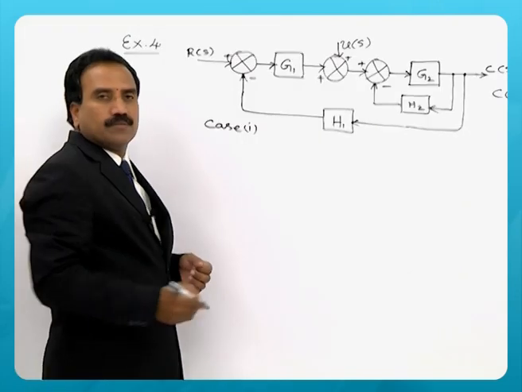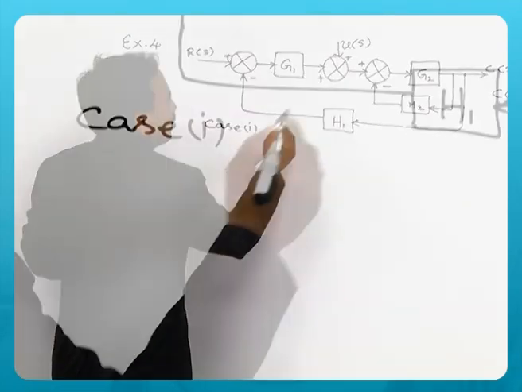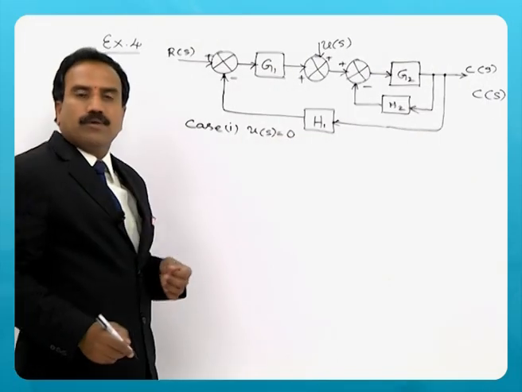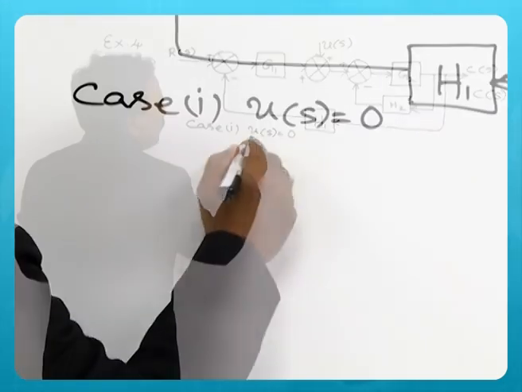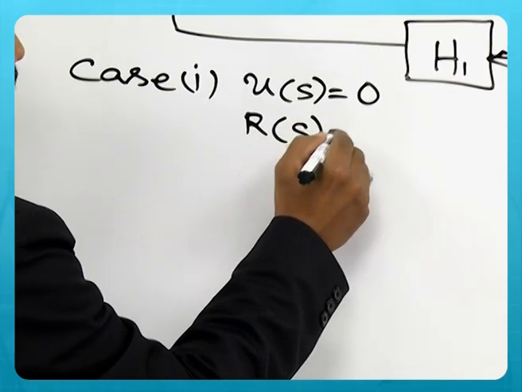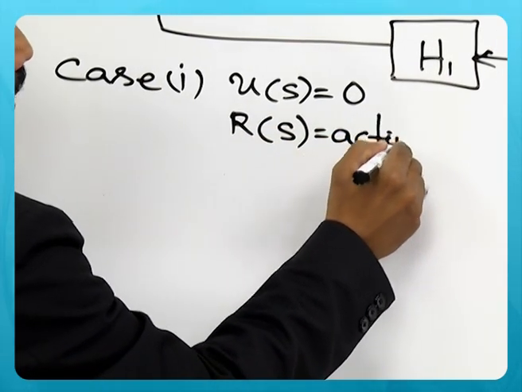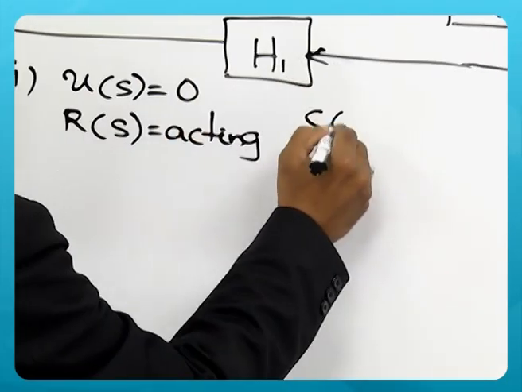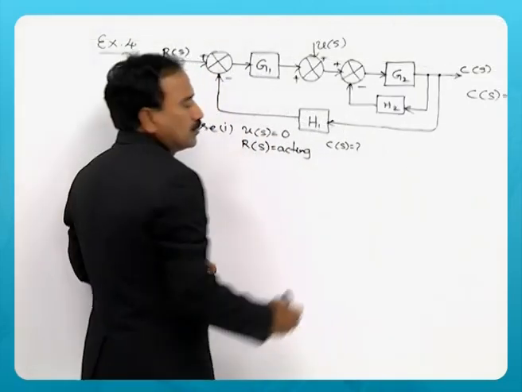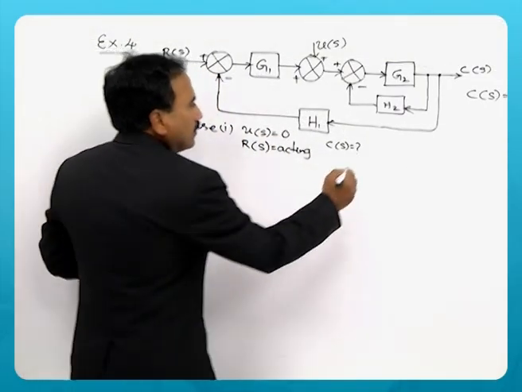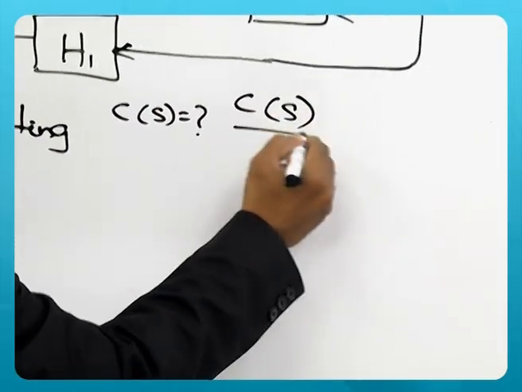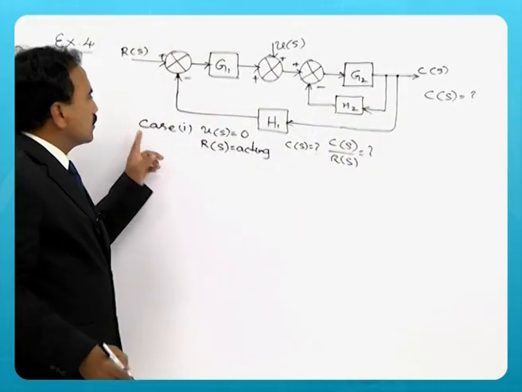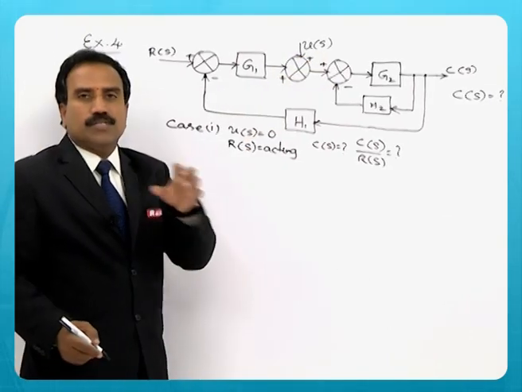Case 1: ignore U of s and R of s acting alone in the system, then what is C of s? That means we need to determine C of s by R of s in case 1 with U of s 0.